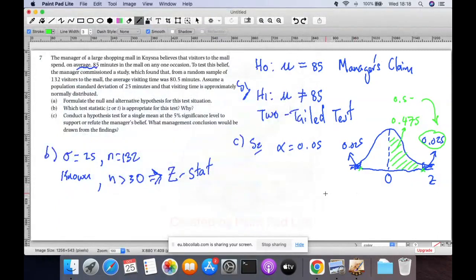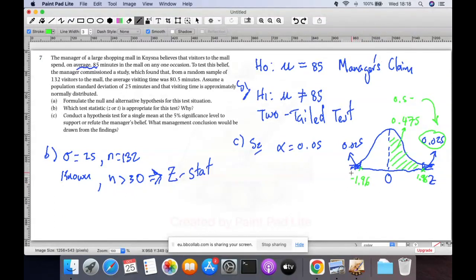Okay. So I'm going to mark that value on the axis here. That's 1.96. So the value on the left is the exact same thing, but it's the negative value because this graph is symmetric. So negative 1.96.